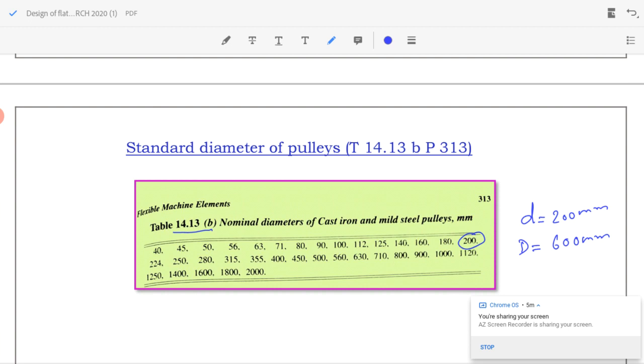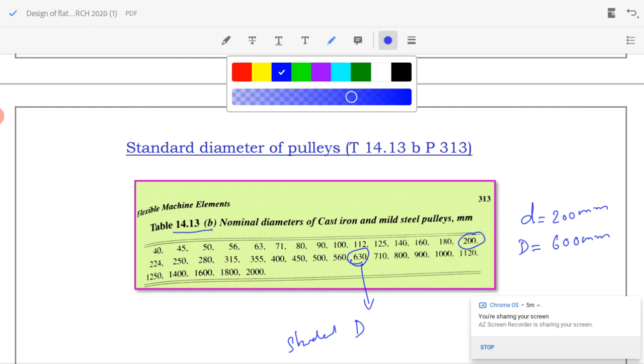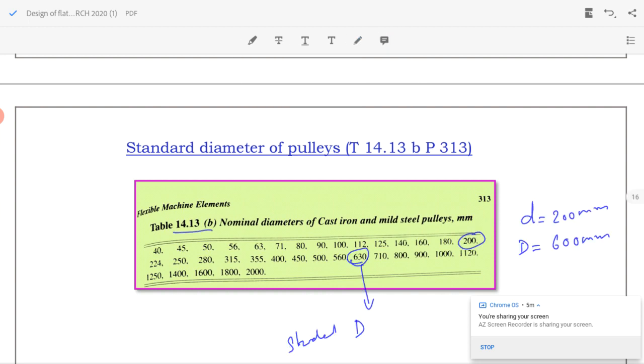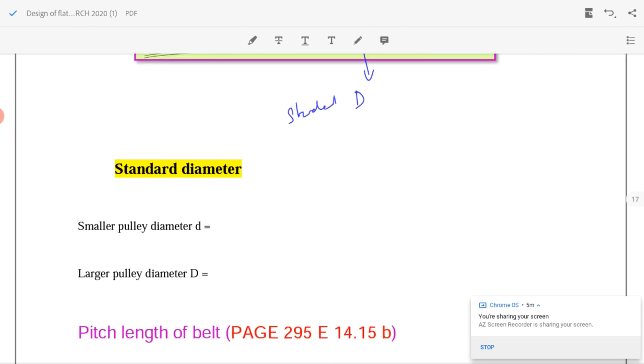So after 560, the next standard value is 630. I will select this value as the standard value for capital D. So standard diameters: small d equal to 200 mm, capital D equal to 630 mm.